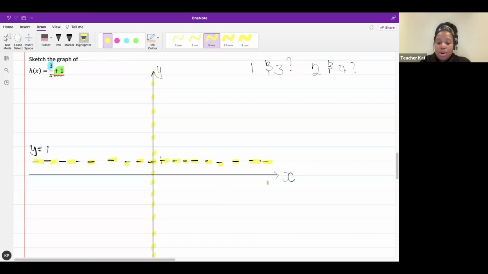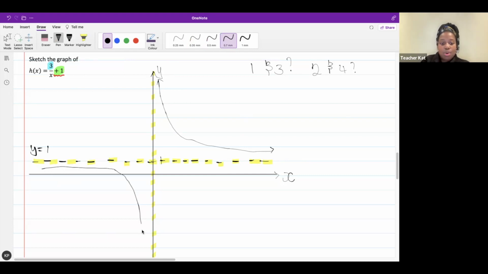That means the whole graph has moved up 1, which means it is more over here. And that also means that the second part of this graph will cut my x-axis, because my x-axis is no longer my asymptote. Do you guys see that? Make sense to you guys?